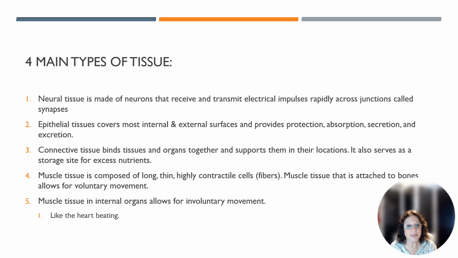Muscle tissue that is attached to bones allows us to actually move. If we didn't have that, we wouldn't be able to move. Muscle tissue in internal organs allows for involuntary movement. Like, for example, in our heart, we have muscle tissue called cardiomyocytes, and those little muscle cells allow the heart to beat and contract and do all the things that we rely on to live.